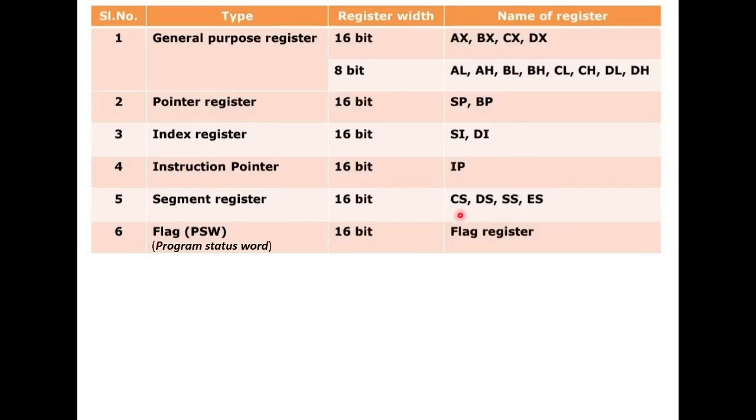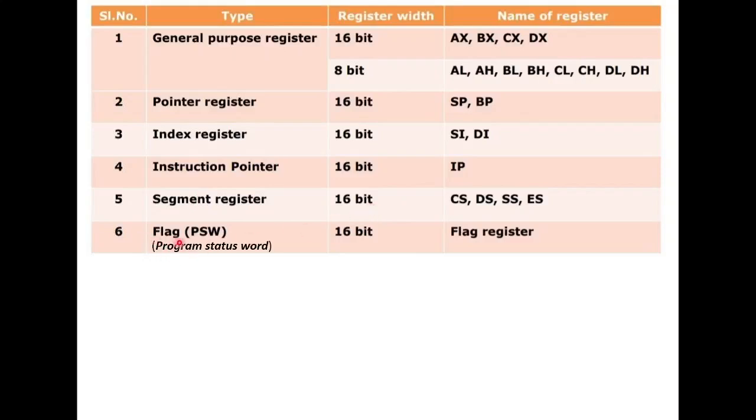I hope you understood. In the previous videos we discussed how to generate the 20-bit physical address, what is external memory, and what are the segment address and offset address. If you have a doubt, please watch the previous videos. And all these 4 segment registers are 16-bit long.